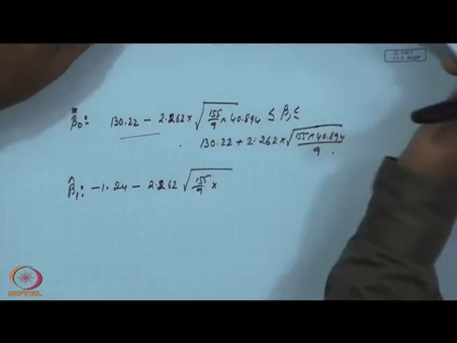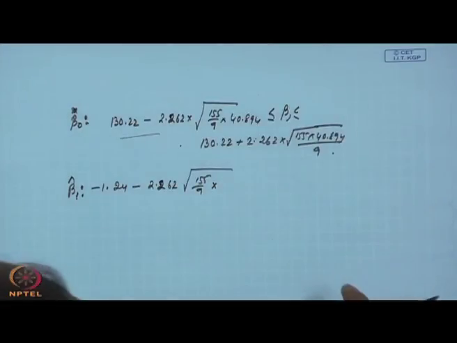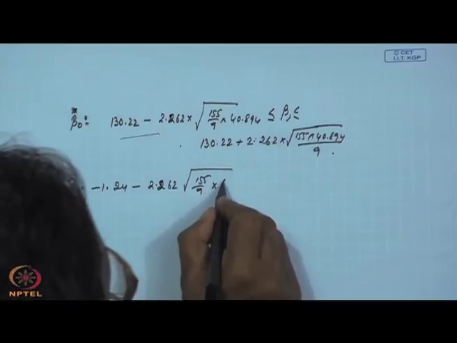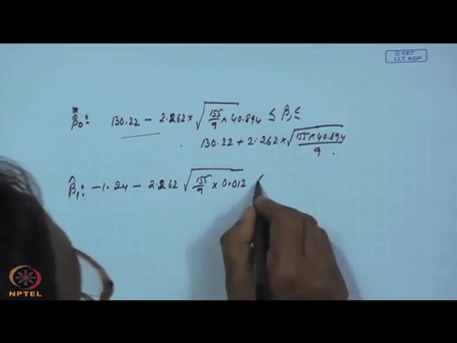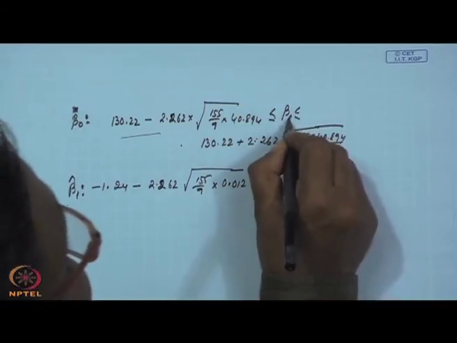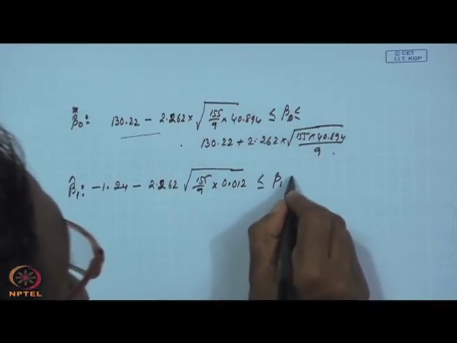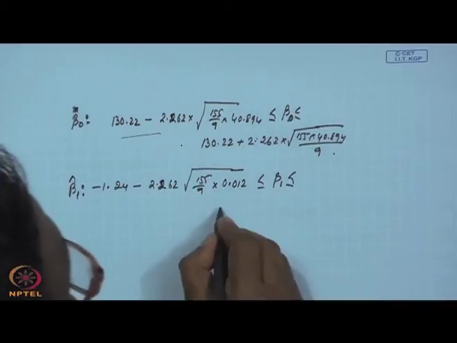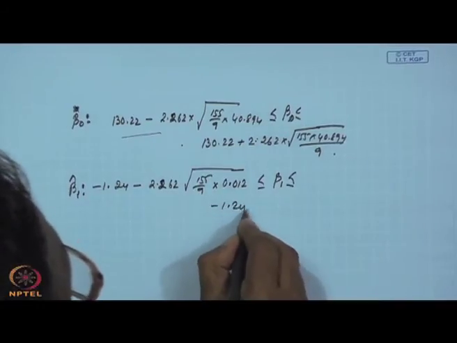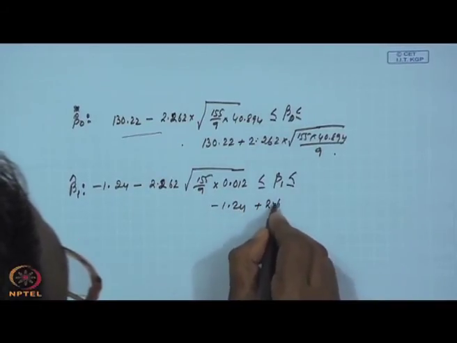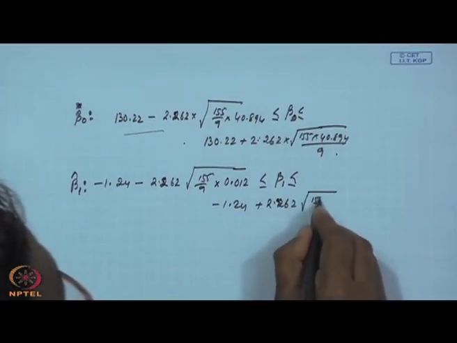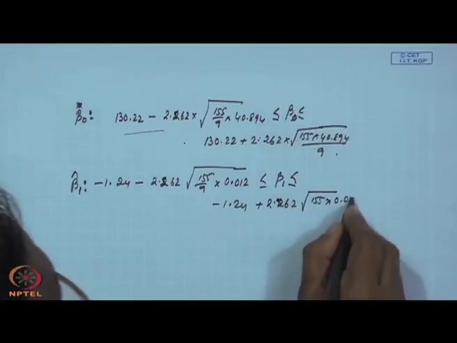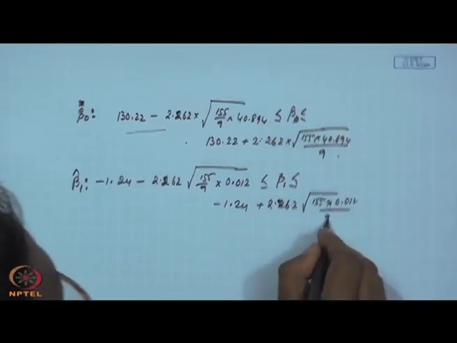Now, what is the C11 value? C11 value is 0.012. Less than or equal to beta 1, less than or equal to minus 1.24 plus 2.262 square root of 155 into 0.012 by 9.